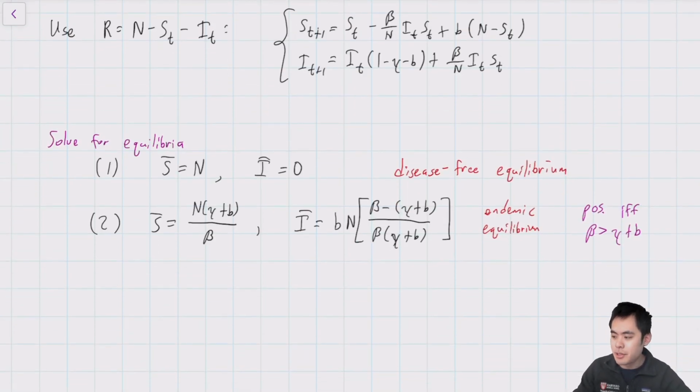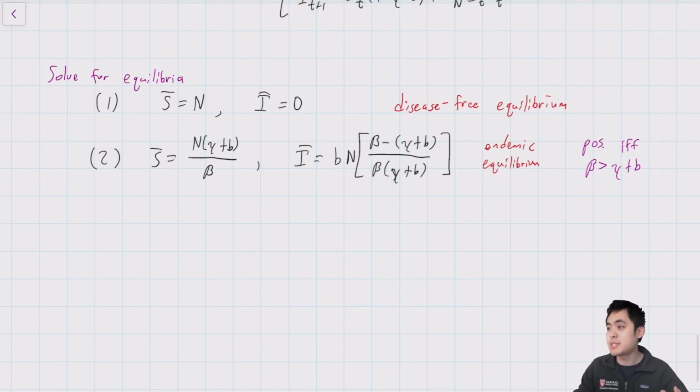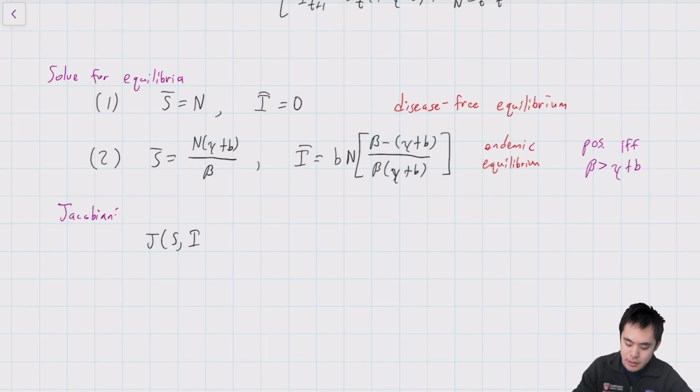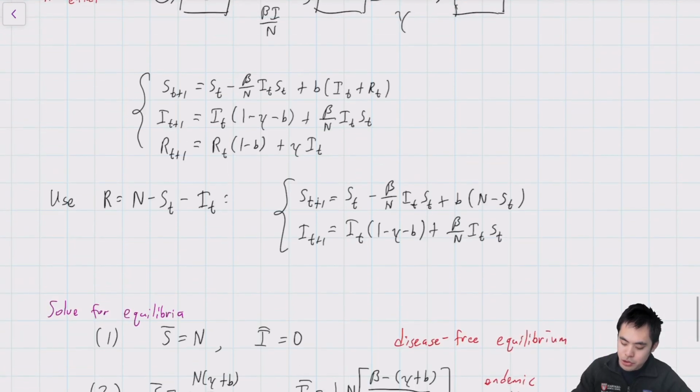So how do we do a stability analysis? Well, this is a system of first-order nonlinear equations, and so we have to use the Jacobian matrix. So that would be J of S, I is equal to, what you do is you take the partial derivatives.